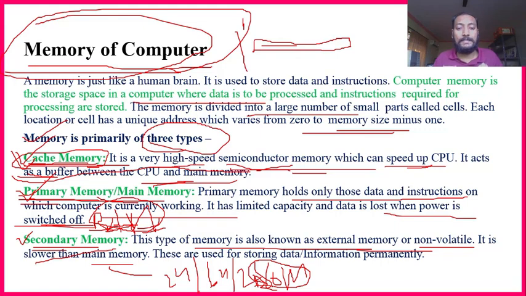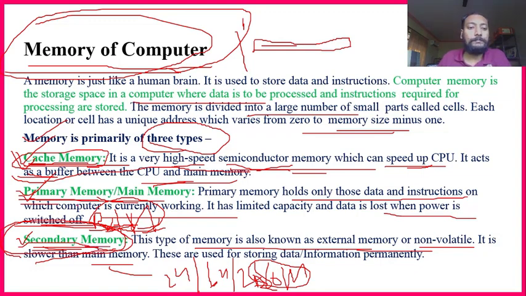But if you keep them in a system, you can keep them in a small space using a pen drive or any other device, stored in secondary memory. This is the thing. Secondary memory is also known as permanent memory.